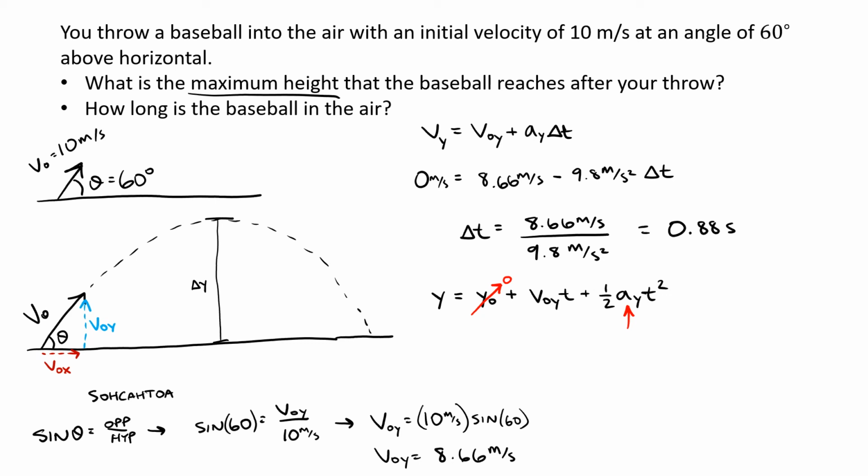So let's rewrite this equation with the things we know. I'm not going to put the values in yet. I'm going to write it like this: y equals v naught y, the initial vertical velocity, times t, minus 1/2 g t squared.